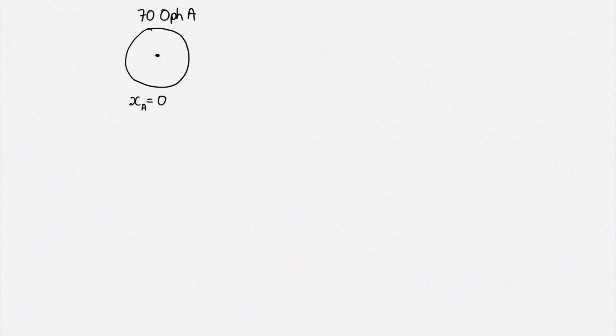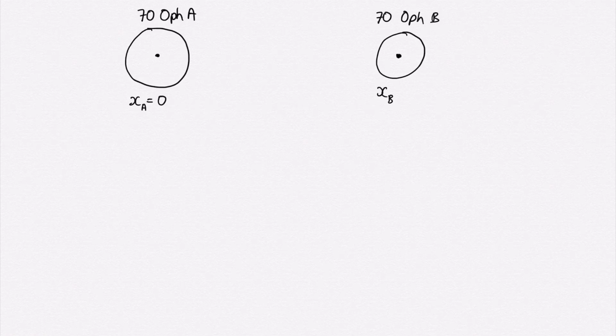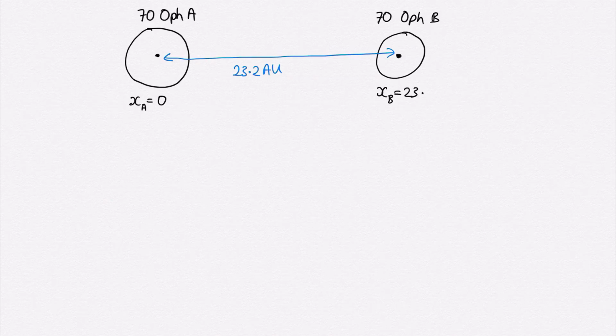Then we've got a second star over here, 70 Oph B, with its center of mass located at XB. We're told in the question that the average distance between these two is 23.2 AU.